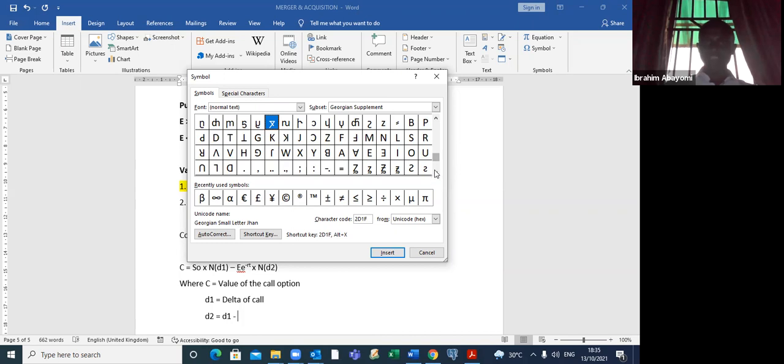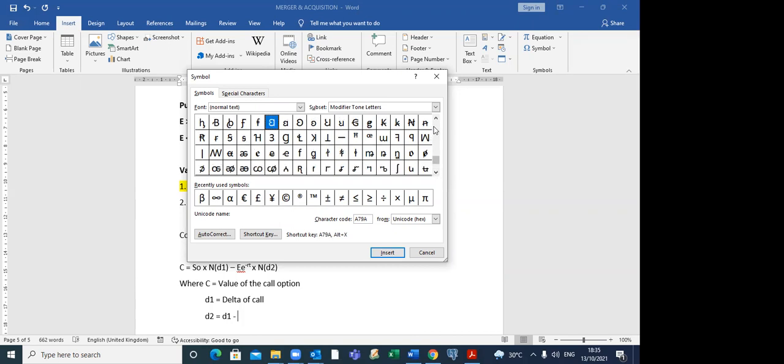Let me use the one that is closer. I can't see the exact symbol. Scroll up a bit.